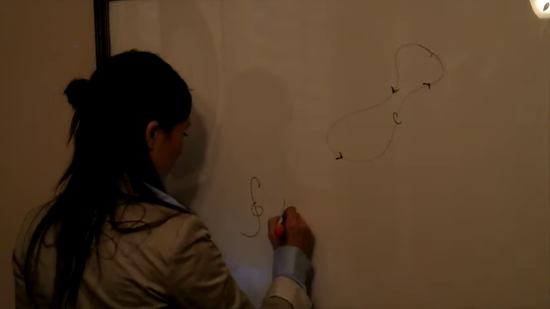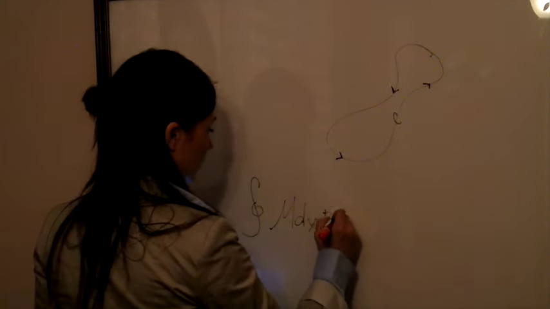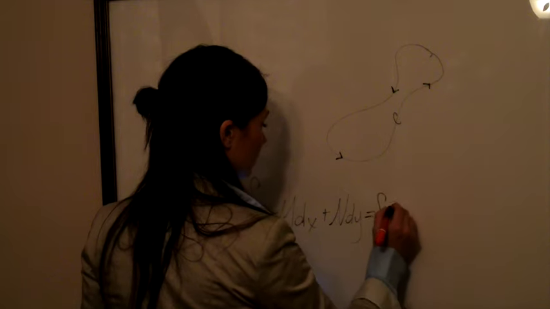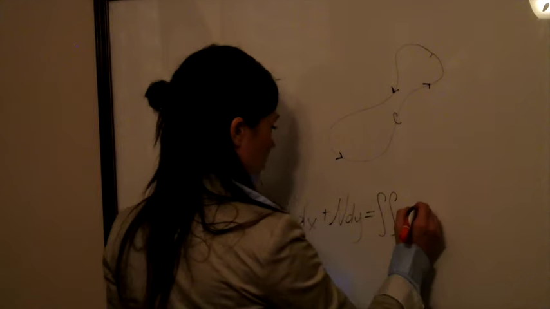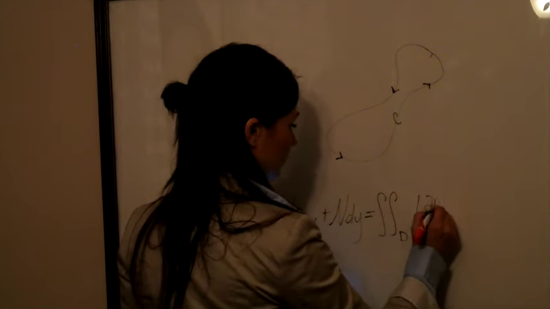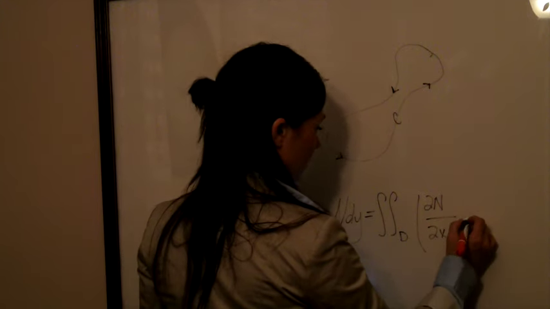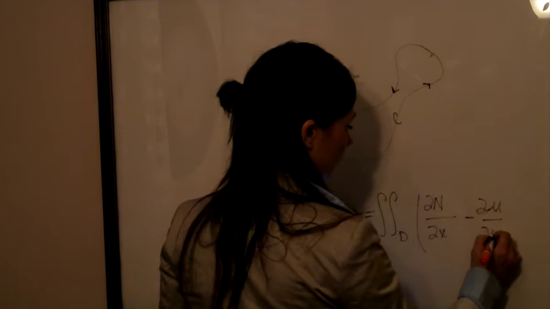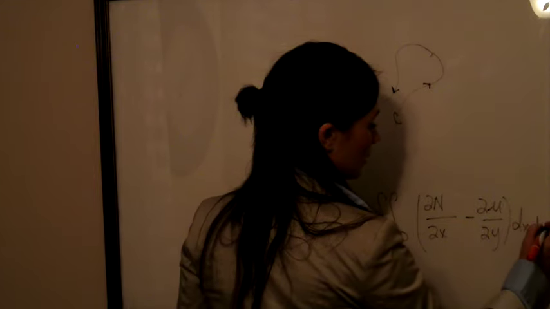We have the integral of M dx plus N dy, which equals the double integral over the region of partial N over partial x minus partial M over partial y, dx dy.